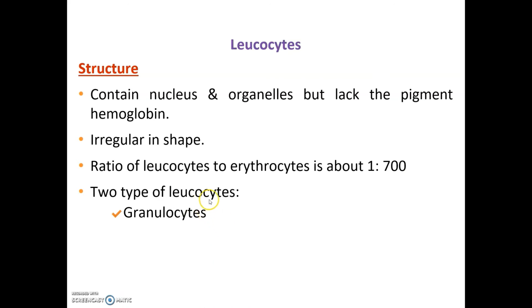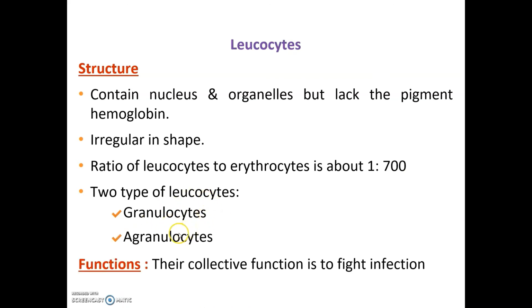We have two types of white blood cell, granulocyte and agranulocyte. Granulocyte means the cell has granules. Agranulocyte means the cell does not have granules. The function of the white blood cell is to fight infection, which means they play an important role in our immune system.